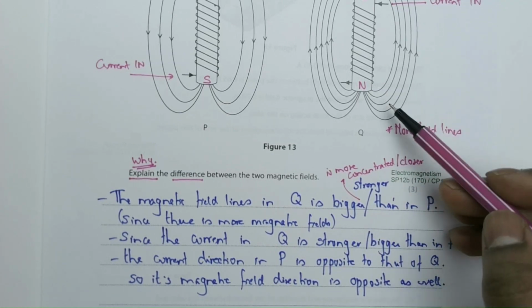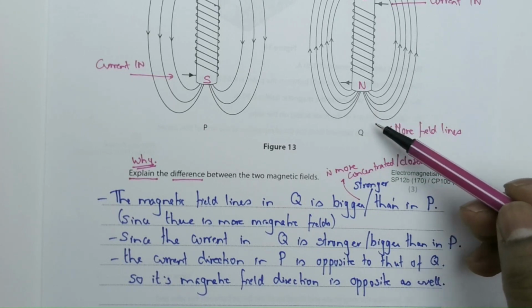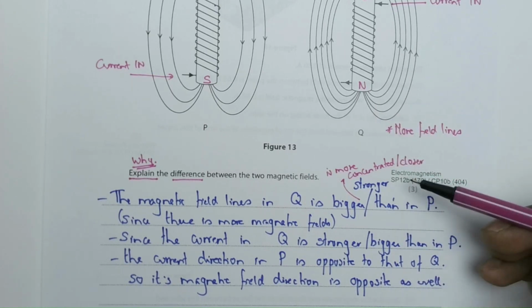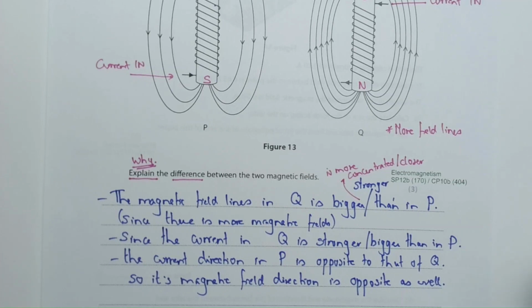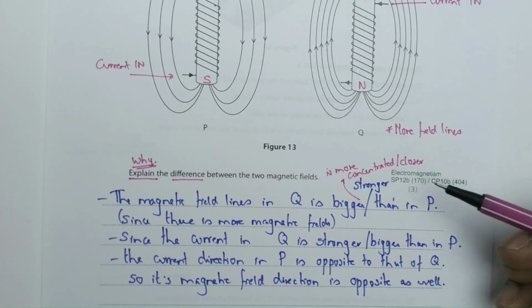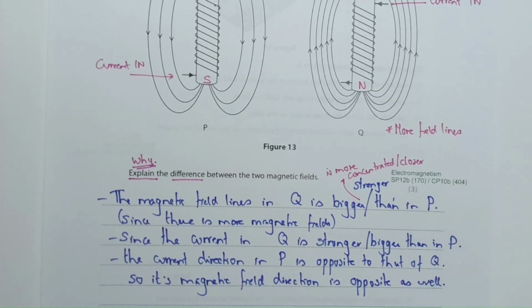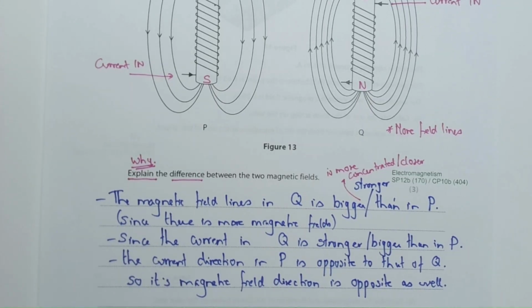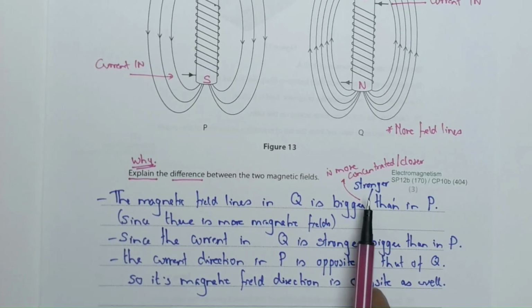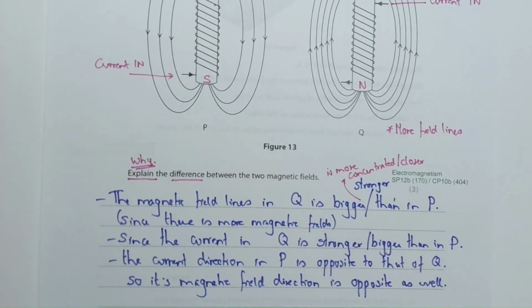When the magnetic field lines are closer together, that indicates that it is strong. I would add that as part of the answer. So you should read your answer once you write it, so that you can add a little bit more information in your exam as well. And it's totally acceptable if you add a little bit more by using an arrow, just like I did.